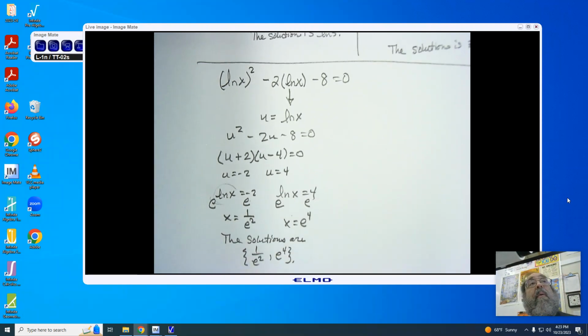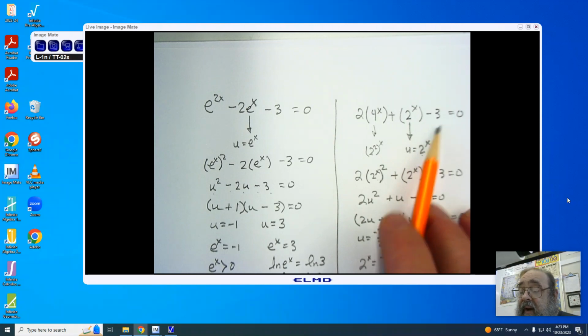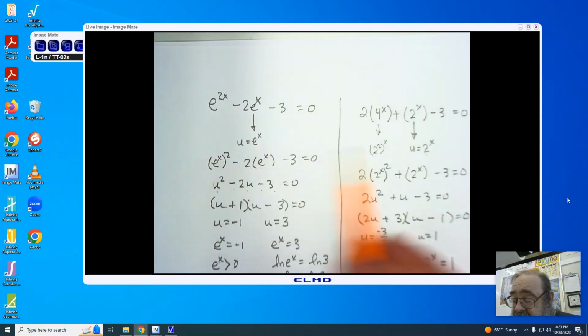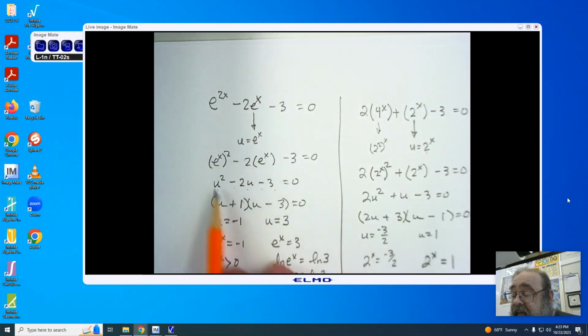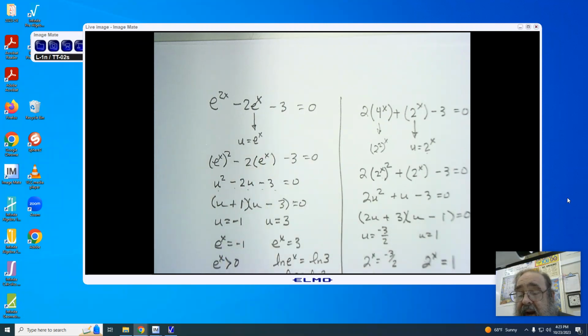And that's my goal. So take note that we can have quadratic forms. And once we figure out what the u is, our dummy variable, we then factor and find out what u equals. We then back substitute with what we already called u to equal. And then we identify whether it's a possibility or not.